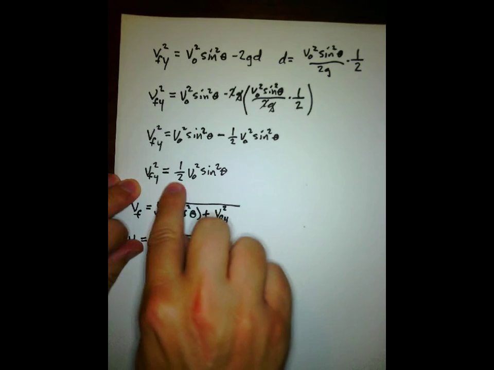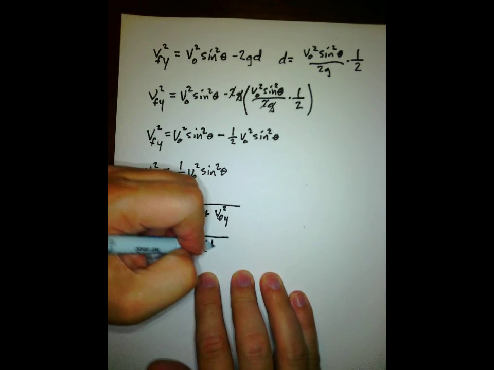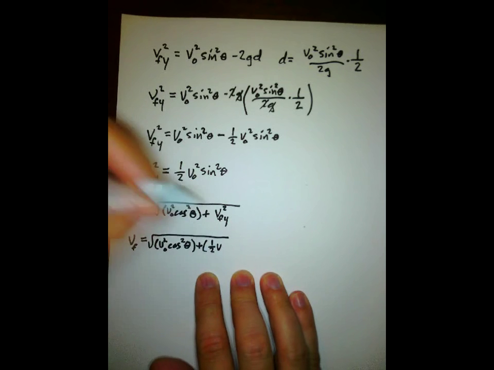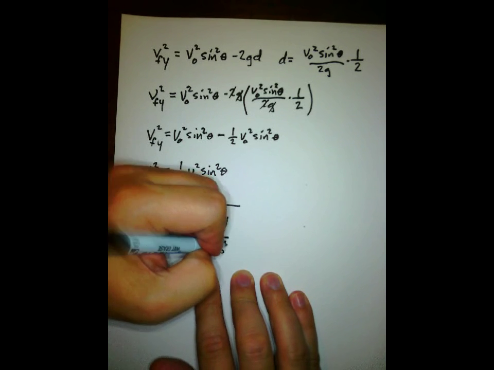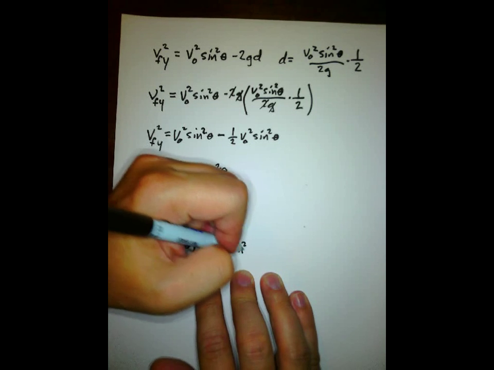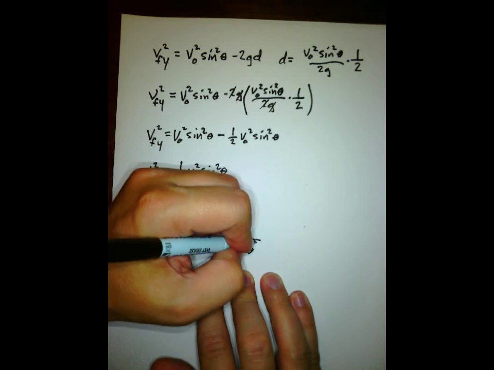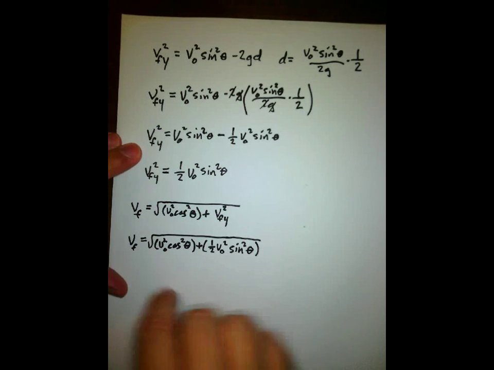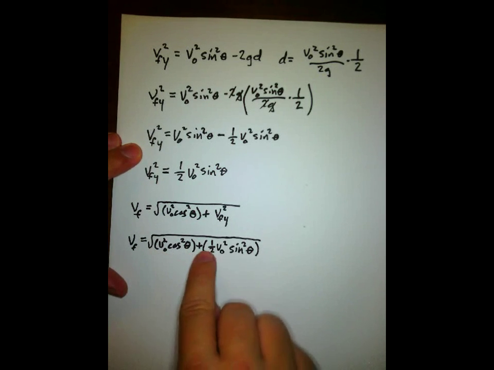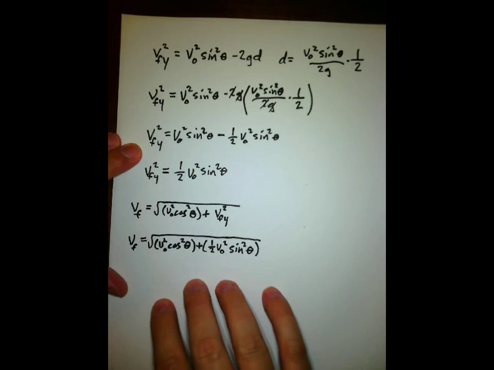Alright, so plus this, I'm going to make this substitution. So it's going to be 1/2 V naught squared sine squared theta. Alright, and just a little side note here, the parentheses really aren't necessary, but I'm just trying to make it clear what I'm doing.